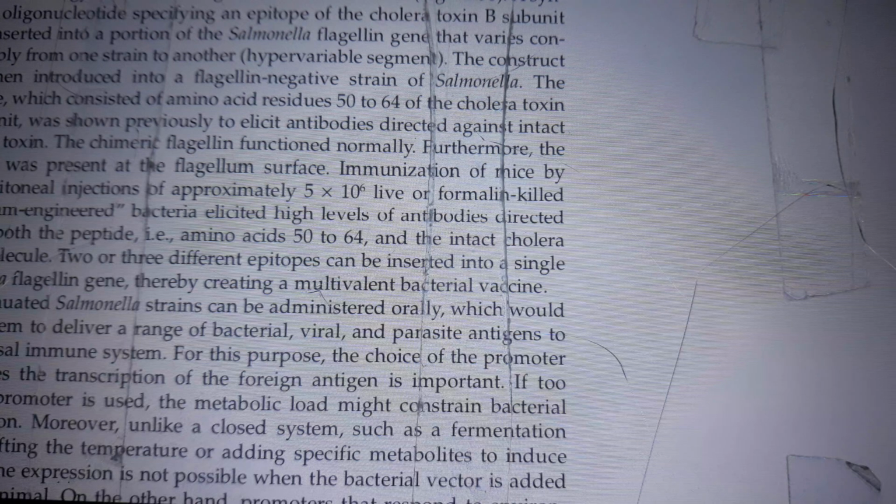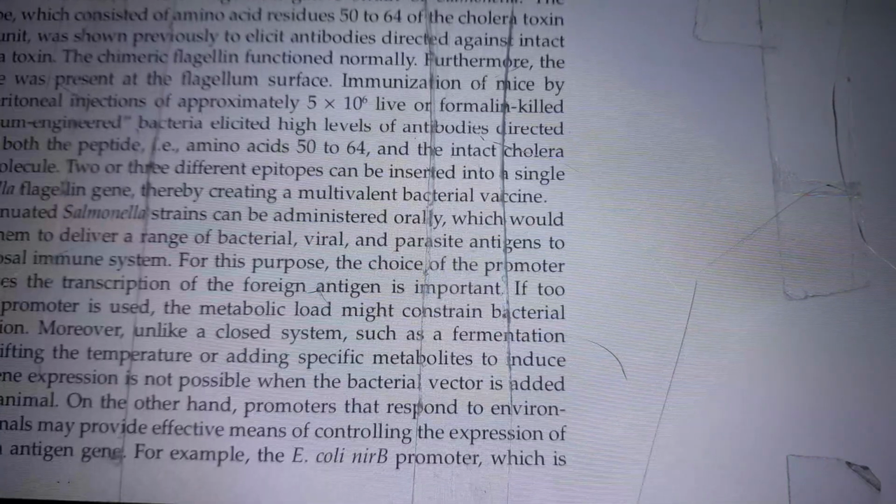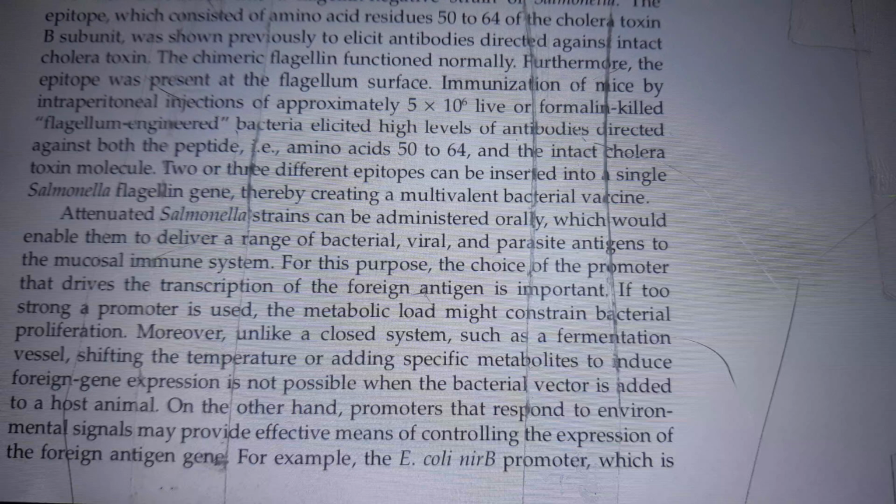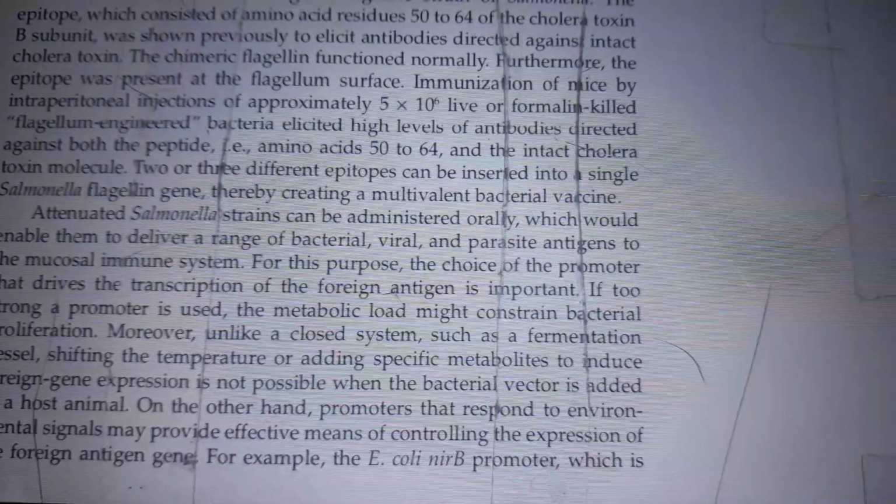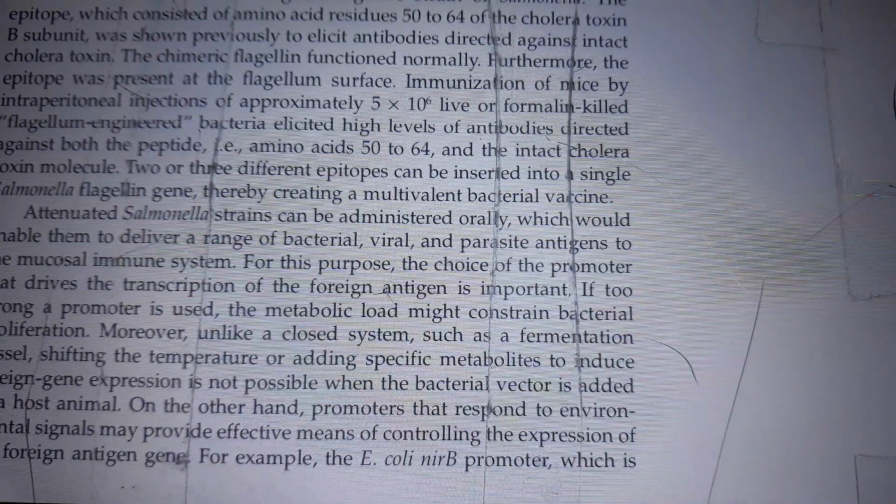The epitope, which consisted of amino acid residues 50 to 64 of the cholera toxin B subunit, was shown previously to elicit antibodies directed against intact cholera toxin.